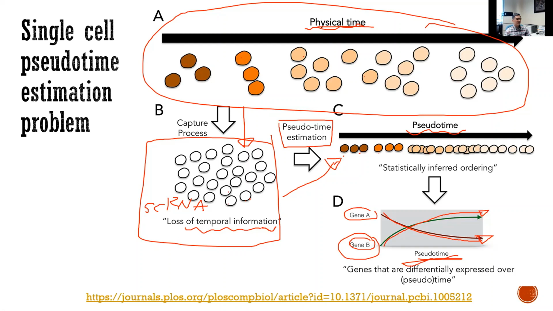So we try to recover those genes whose expression is associated with the pseudotime. Maybe some of these genes are driver genes, so they drive the cell from one state to another, or differentiate from one cell type to another neighboring cell type.